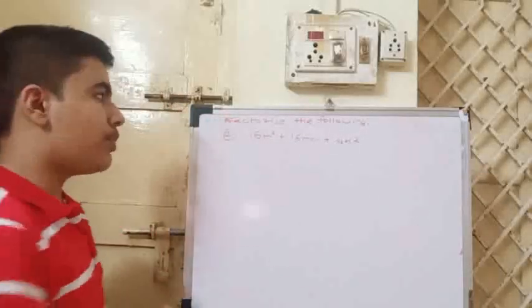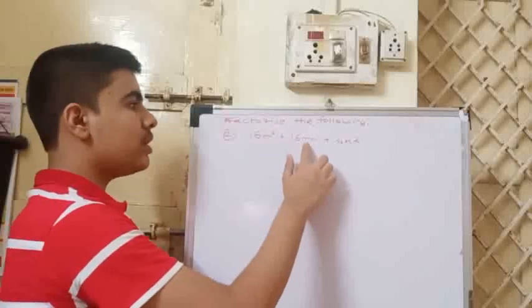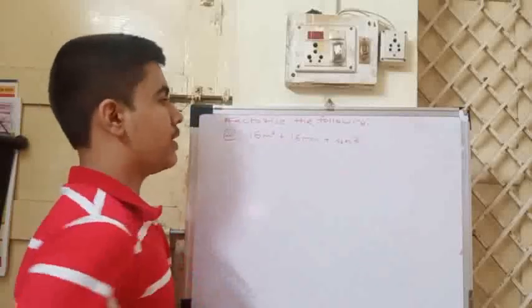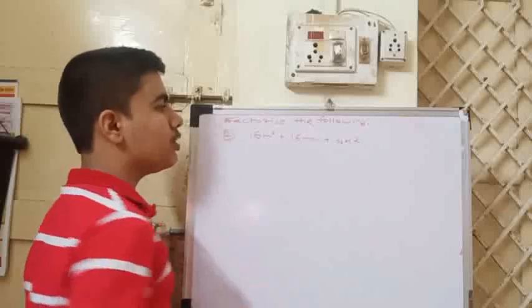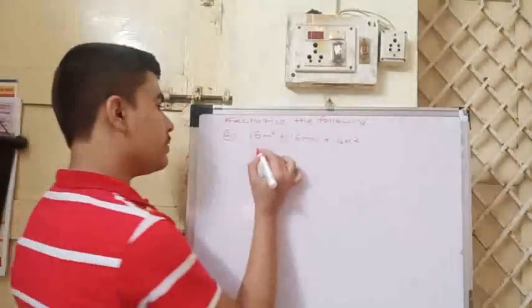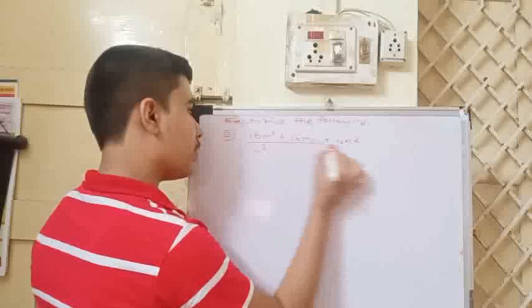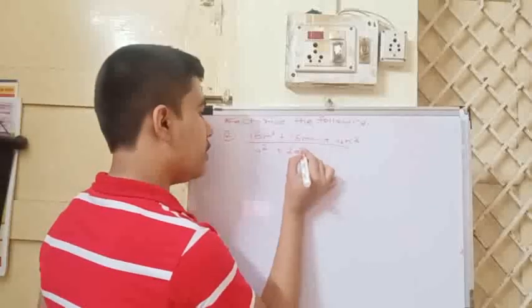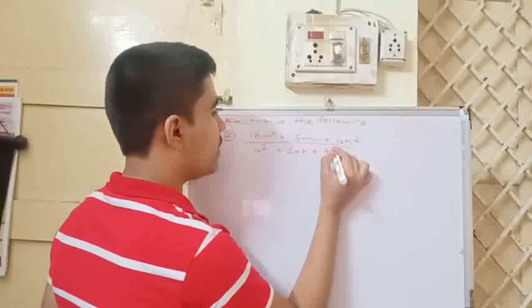So the second problem is 16m square plus 16mn plus 4n square. Here also the signs are plus, so I will use the same identity, a square plus 2ab plus b square.